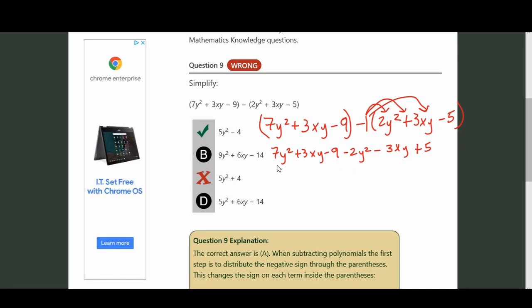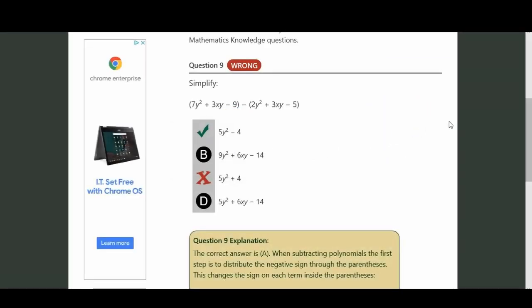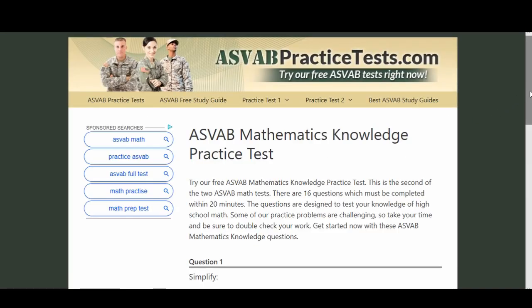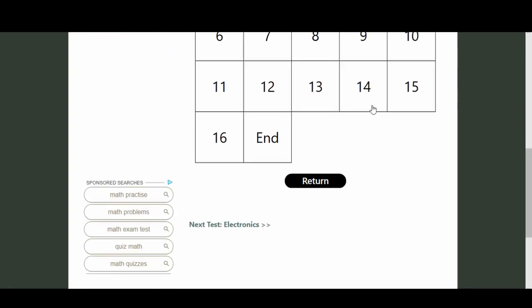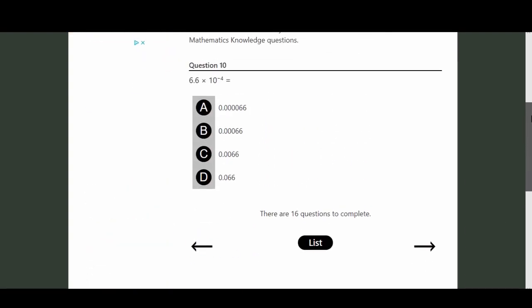Let's combine like terms. 7y squared minus 2y squared. That's going to leave us with 5y squared. 3xy minus 3xy is nothing, so that gets rid of those. Negative 9 plus 5 is negative 4. So we can see the answer is 5y squared minus 4. Okay, so that's number 9. Let's go ahead and move on to number 10.